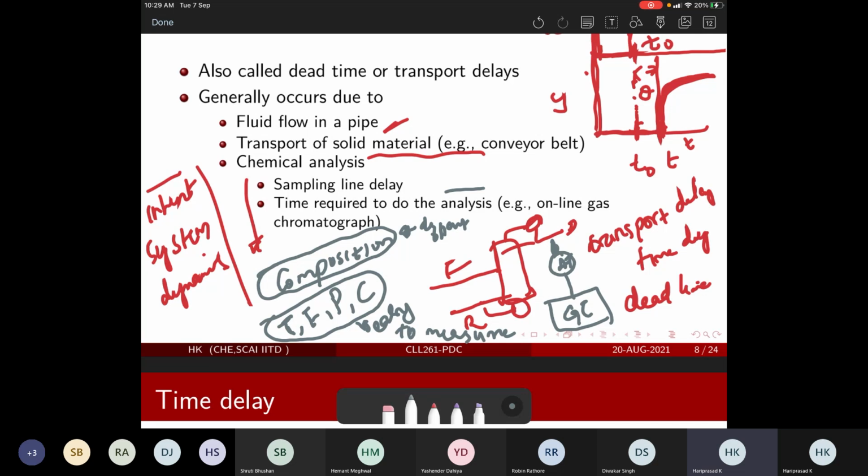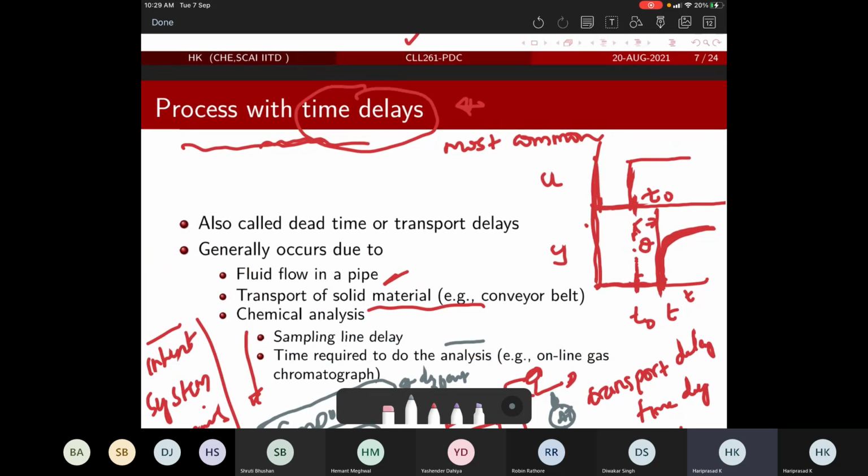Fine. So which essentially means what? Okay. Let's say you wanted to measure something at T. You took the sample. Again, to avoid confusion, let's assume that you have taken a sample at T naught and it has gone to the chromatograph, and it takes T1 time to reach your real facility because in an industry, these are very, very costly analytical instruments.